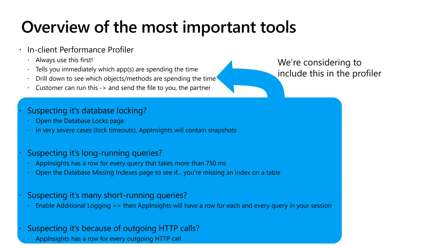Let me just take the next question while I'm at it. There is this database missing indexes page. Is that based on Azure database tuning? I answered that this is based on query store data. I'm not actually sure. I added the documentation for missing indexes in Business Central in the chat, so you can go read that.